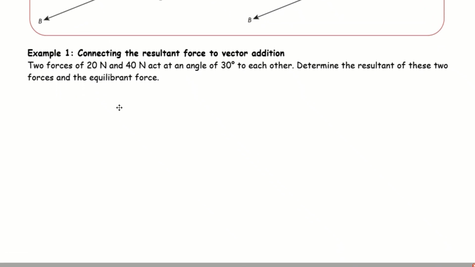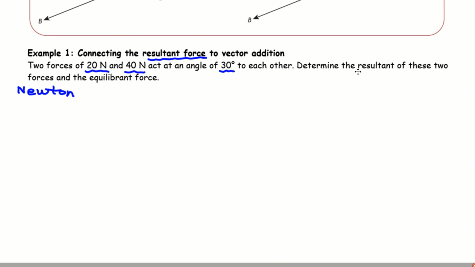So now we are going to see one example. Example 1, connecting the resultant force to vector addition. Resultant force is just one single force combining all the forces' effects together. Two forces of 20 N, the unit for force is Newton, and 40 Newton act at an angle of 30 degrees to each other.